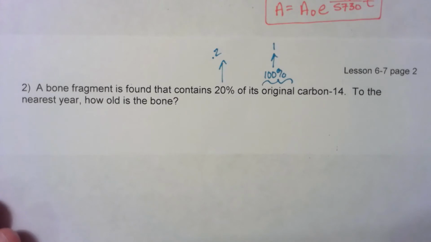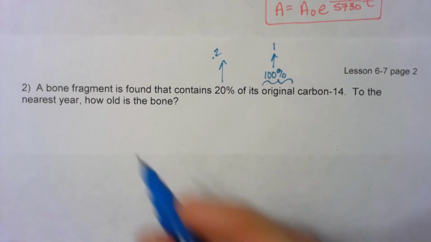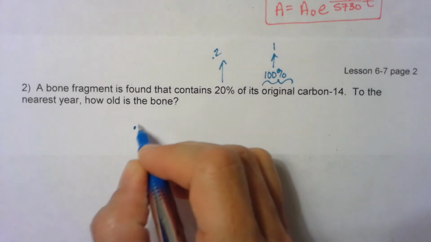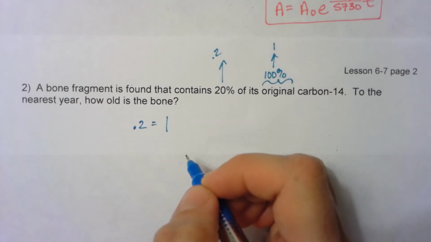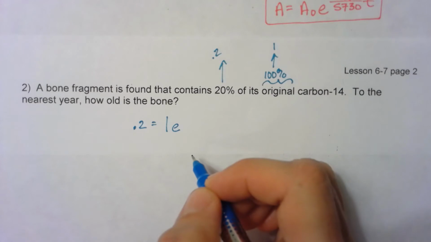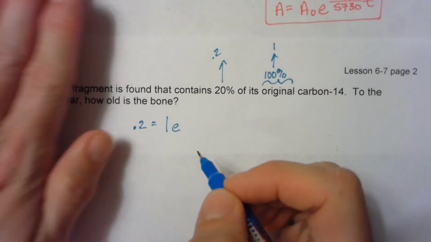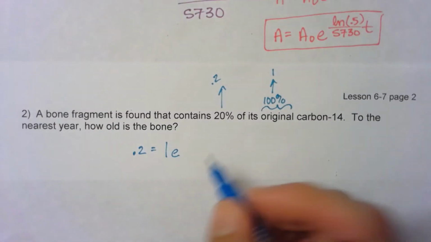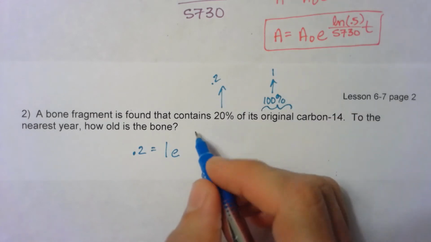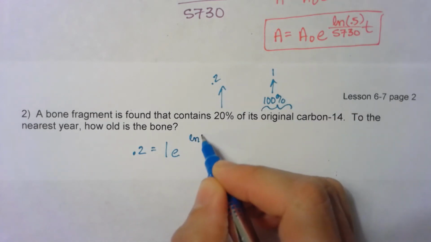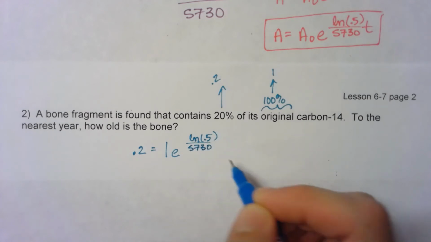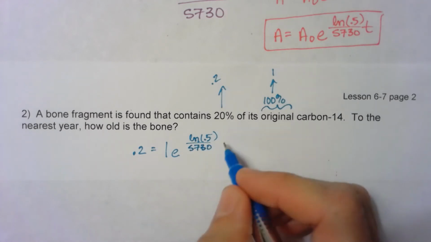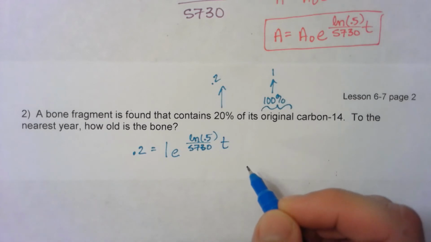So when you're putting all of this into your formula, the final amount is 0.2, the original amount is 1, e to the, your r is what we just found in the previous problem. We're filling everything into this formula. So natural log of 0.5 over 5,730. And we're actually looking for time. We want to know how old this bone is.